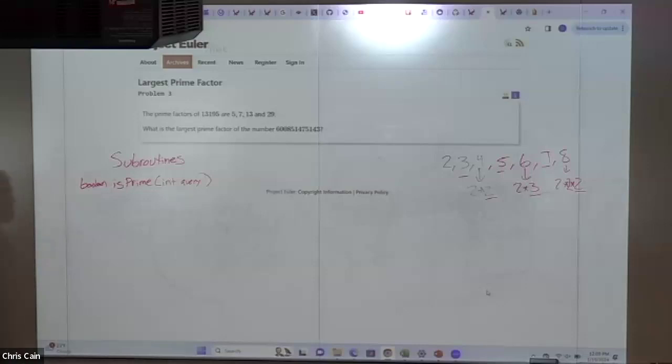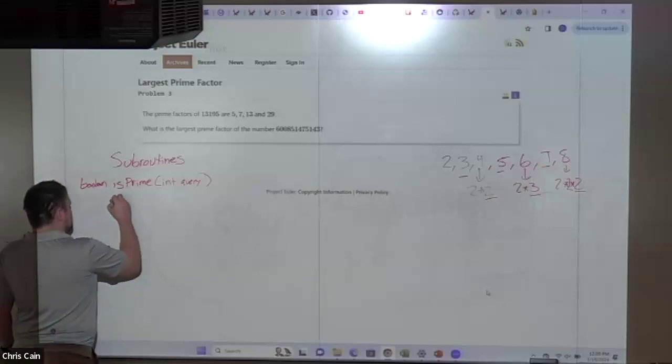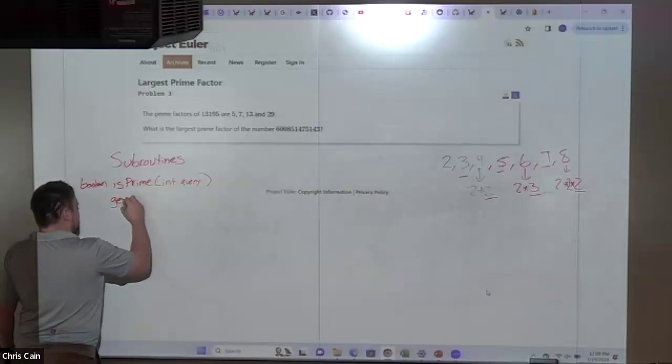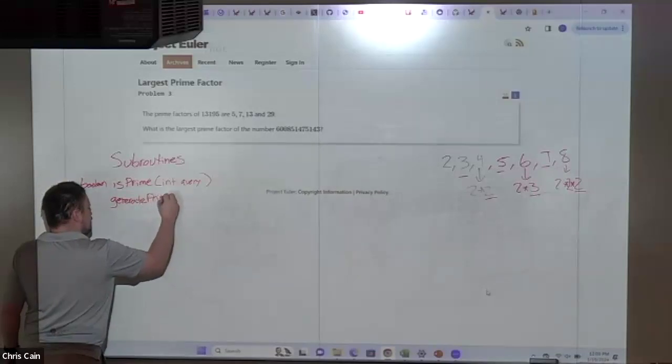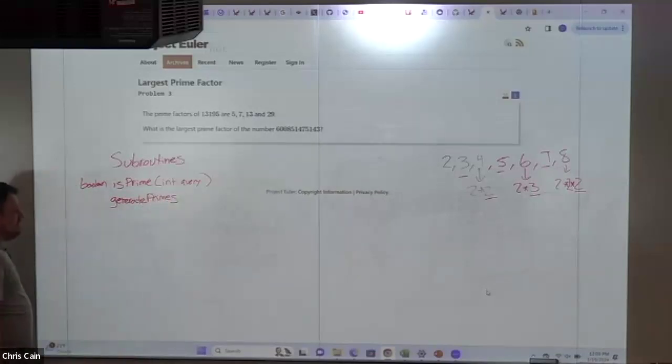All right, and then we need some kind of method that just generates primes. Does generatePrimes need any parameters? Maybe some kind of upper bound, because we need to know what we're going to have it stop at.